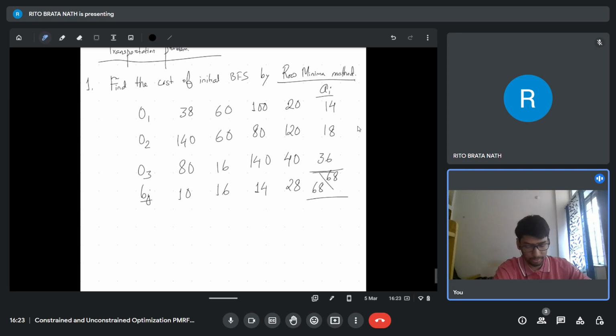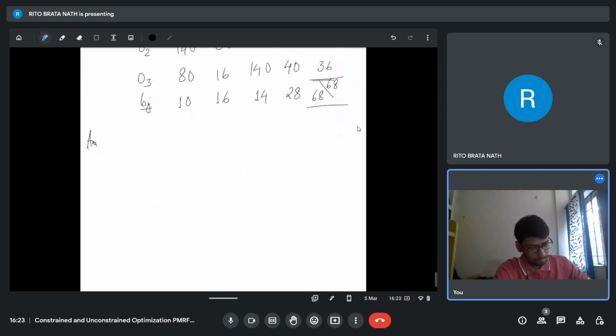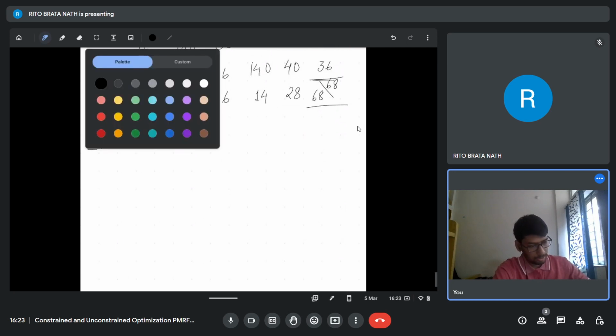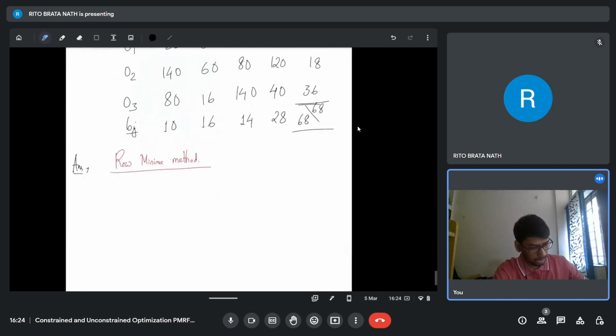So now let's solve it using the row minima method. So what kind of allocations you need to make, that you have to determine. Okay, so in the row minima method, let me give this heading. So let me draw this table again.